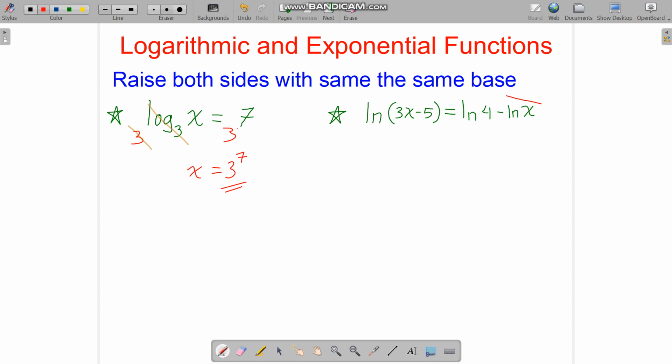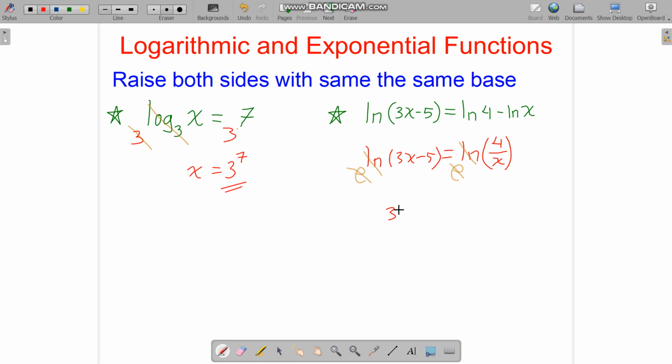Now for this example, it is best to first combine the ln. So we have ln 4 over x because of the quotient rule, and now we can raise both sides, and the base we use must be e, because e to the power of ln cancels out.